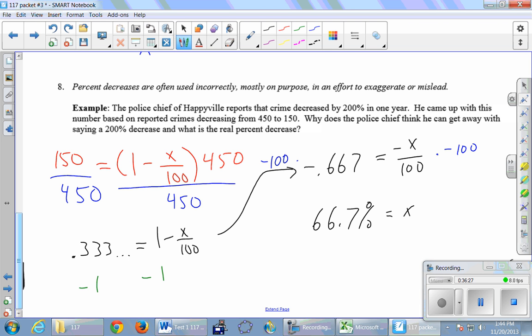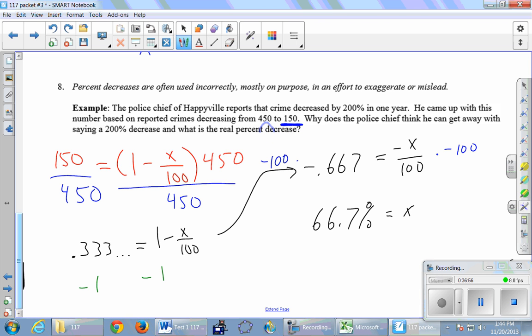Any sense of where that 200% number came from, even though it's wrong? What if we just start with the number 150 and we try to make it get up to 450? Go the other direction.